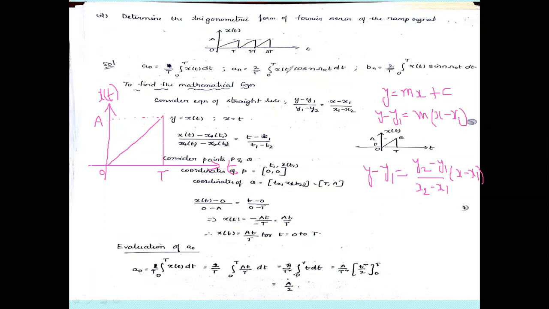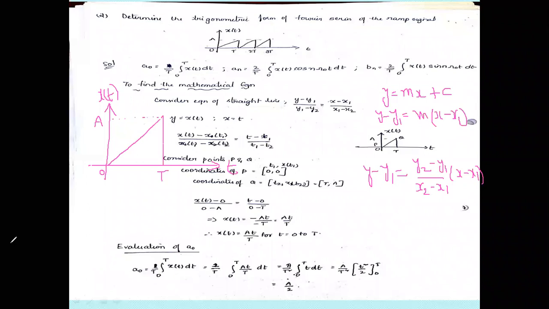The given graphical representation is a ramp signal with a period of 0 to T, repeated with the same interval of T, and it is a periodic signal. To find the trigonometric Fourier series of the given ramp signal, you have to take the straight line equation y is equal to mx plus c, or y minus y1 is equal to m into (x minus x1). I'm not taking the constant here.